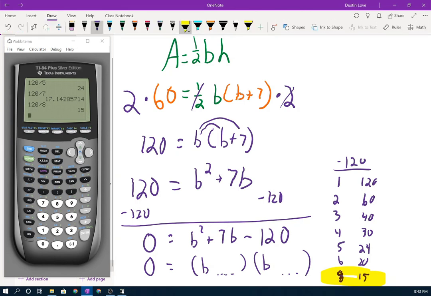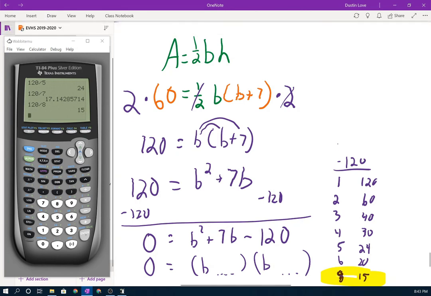8 and 15 can add to give me, or can subtract to give me 7. Now, I said originally that it was a negative 120, which means one of them is positive, one of them is negative, and whenever I'm done, I want it to be positive because that 7 is positive. Well, if I had a positive 15 and a negative 8, they would add to give me positive 7 and multiply to give me negative 120. So those are the two numbers I'm adding in, negative 8 and plus 15.